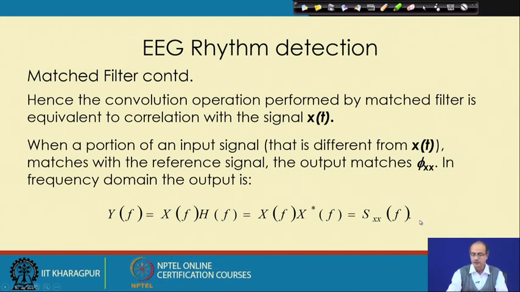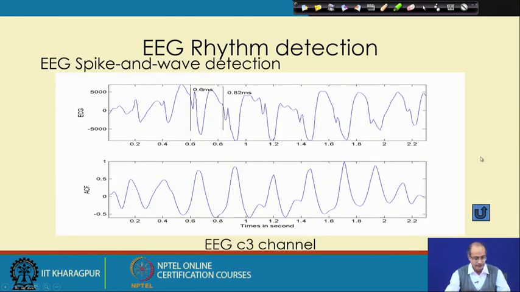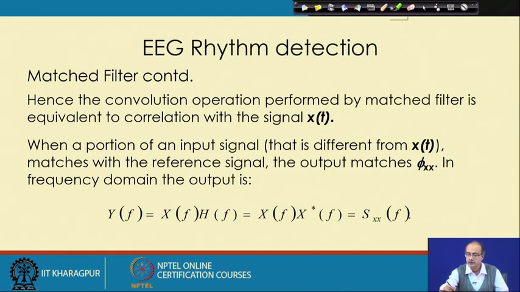If we take a part of the signal x(t) and we have a match, the output would be phi x x(t), and in the frequency domain we should get the PSD of that signal.